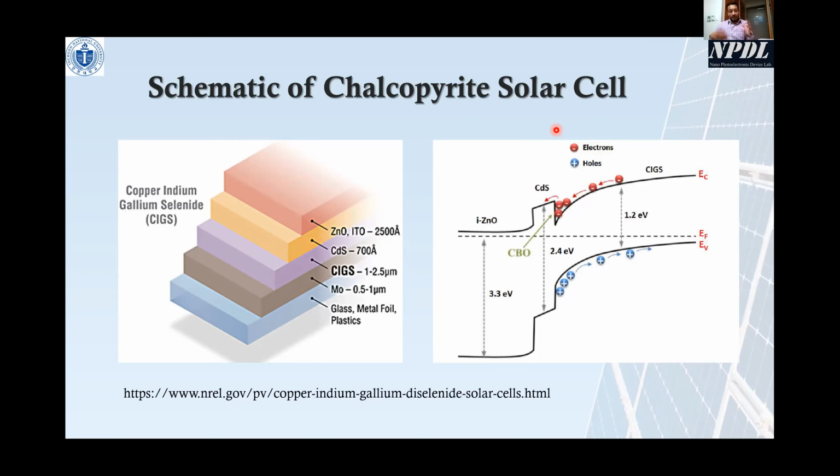Yes, your assumption is correct. If the grain size is too small, that means there are so many grain boundaries, which means there are trap levels. So many paths are available for electrons from the valence band to the conduction band, and ultimately they get trapped in some shallow defects and some deep defects.